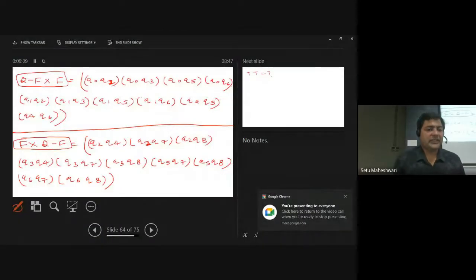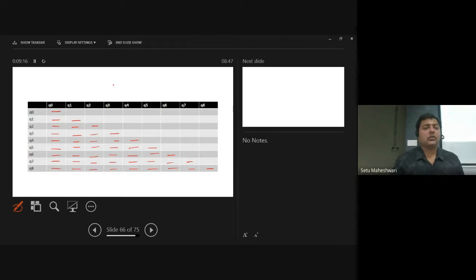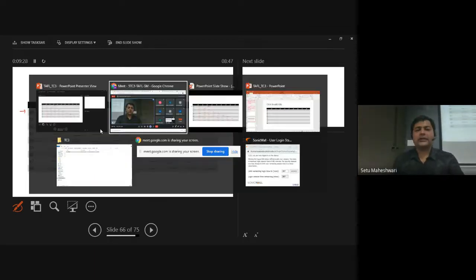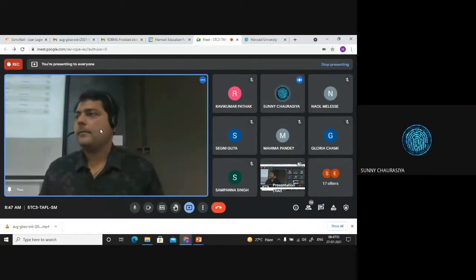So the first entry is Q0, Q2, Q2, right? So what we have to do is go to Q0 from the row and go to Q2 from the column and just mark a cross. All right, all the online students, can you do this? Yes, sir. Good.